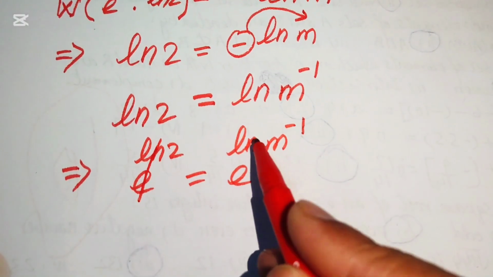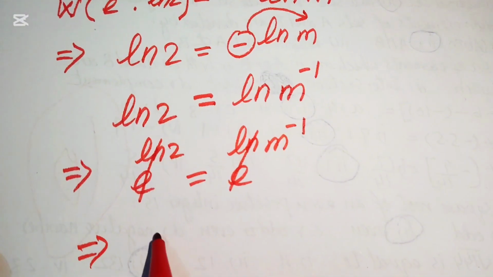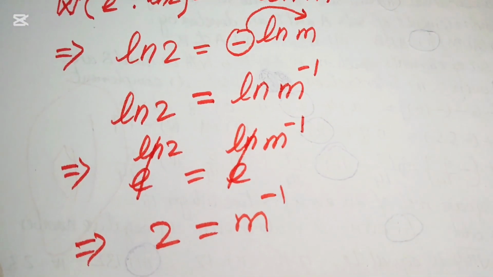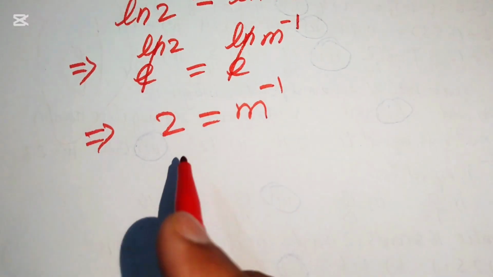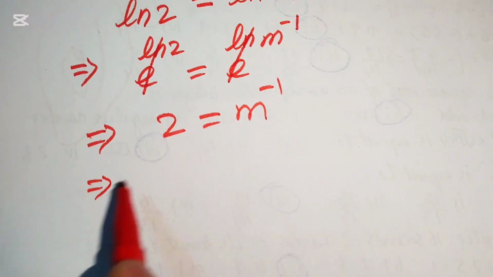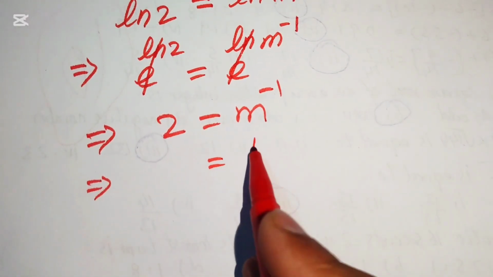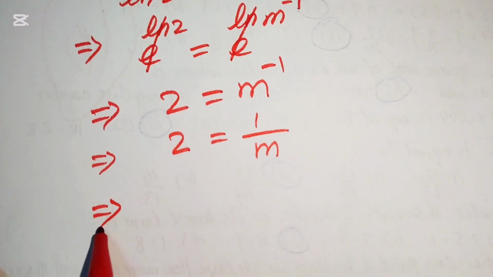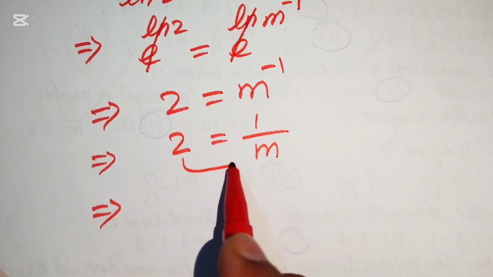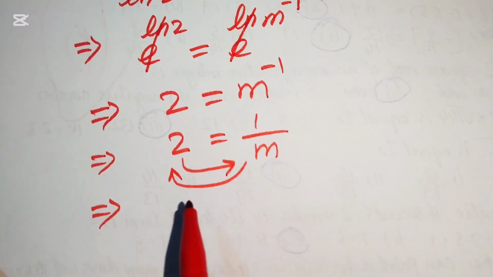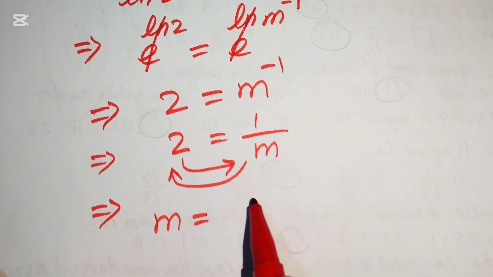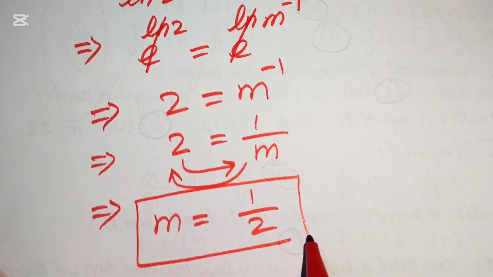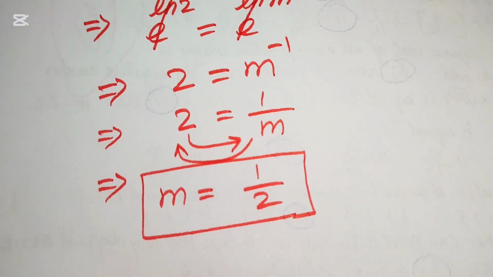These cancel each other, and we get in the left hand side 2, and in the right hand side we have m inverse. So we write this m inverse as 1 over m, and here you have 2. We move this m to the left hand side and 2 to the right hand side. We just interchange these two values, and then we get the value of m equals 1 over 2. So this is our final answer in this question.